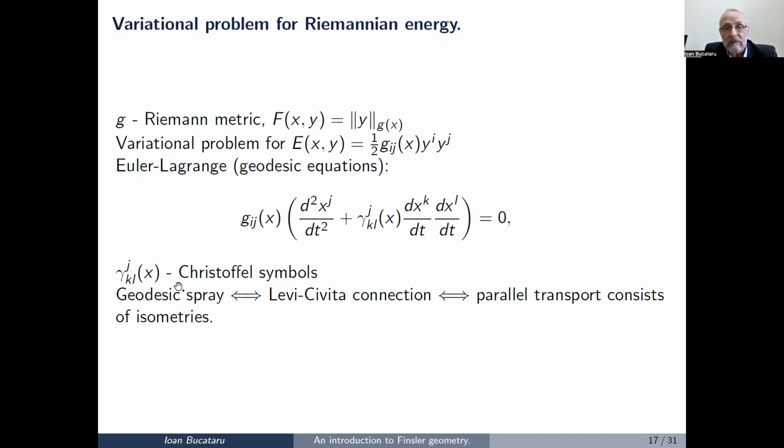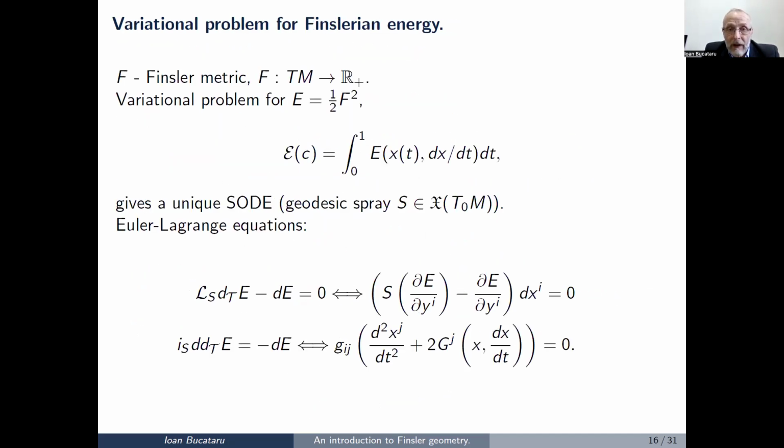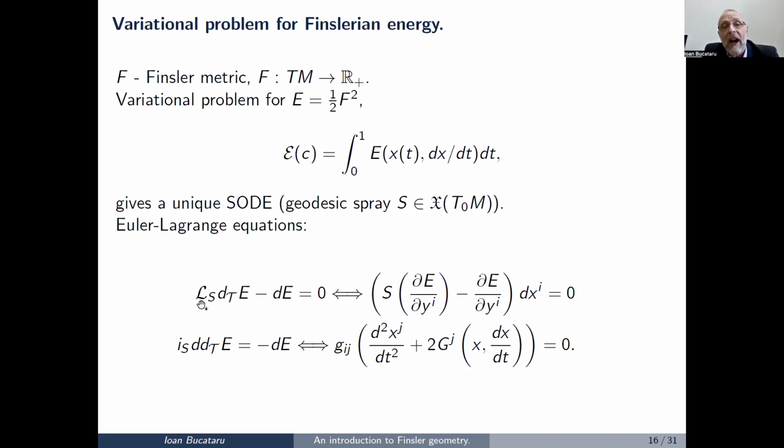Okay. Again, I have a Finslerian metric, I have this geodesic, this Euler-Lagrange equation, and I want to study them. If you see here, the first question you may ask: I have these derivations, the Lie derivative along the geodesic spray, and the derivations induced by the tangent structure.